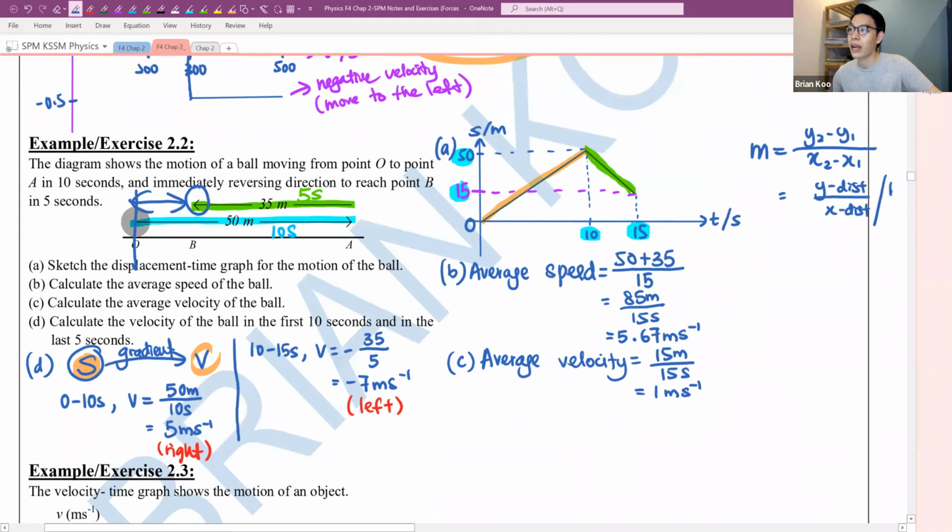Or some people may write it as triangle y over triangle x. Triangle means the distance.